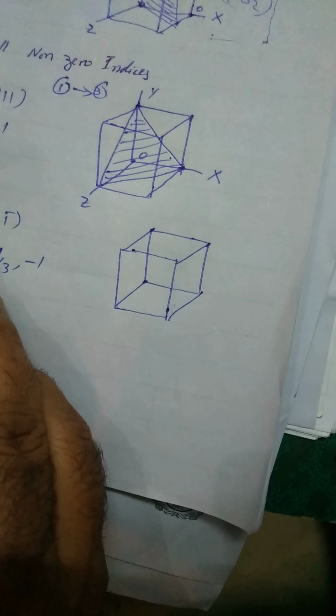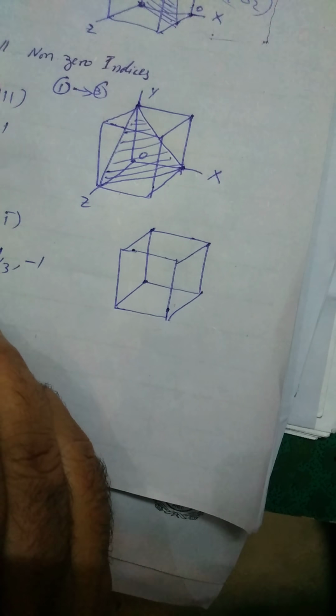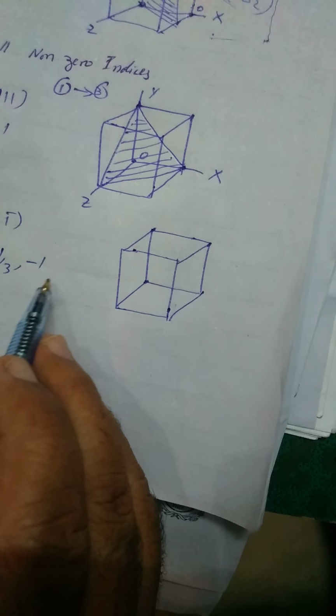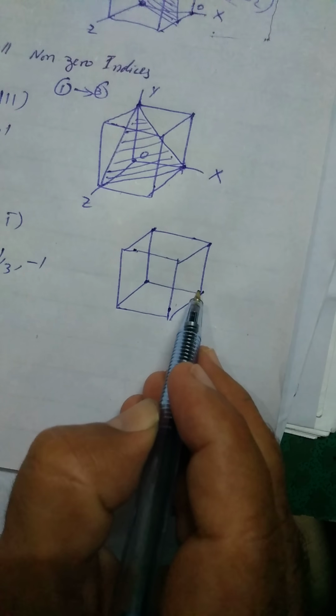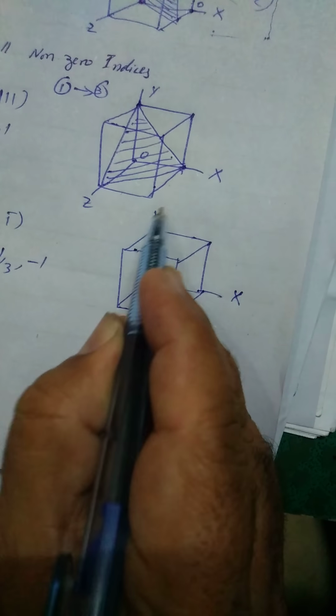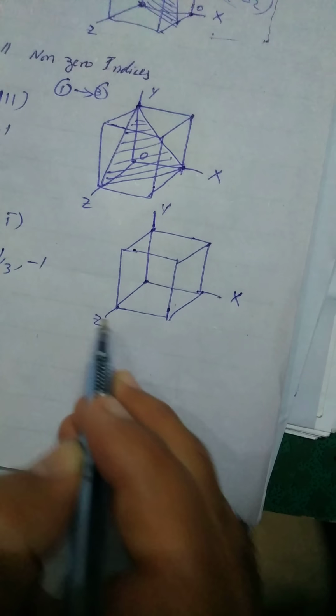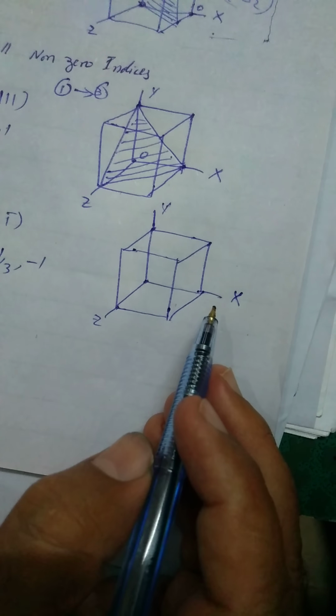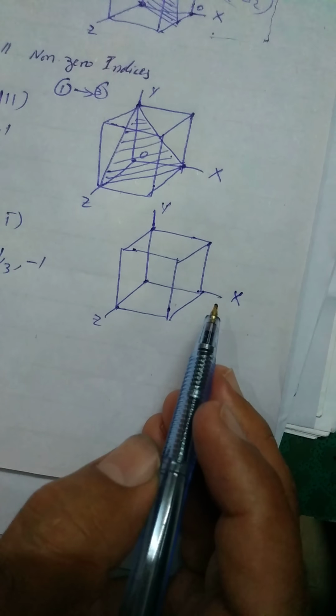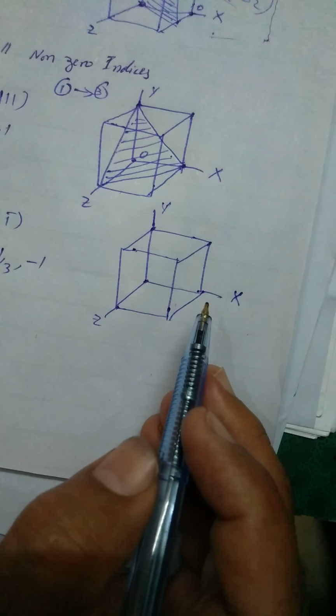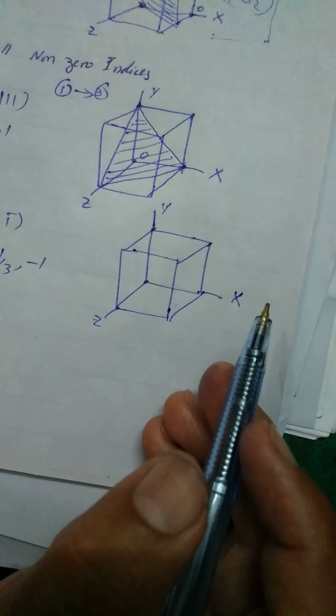If the indices are 2 3 1 bar, then the intercepts are 1 by 2, 1 by 3, -1. It means we have to first of all specify the x, y, z, and the origin is the one along which we can move along negative z-axis, and positive x and positive y.